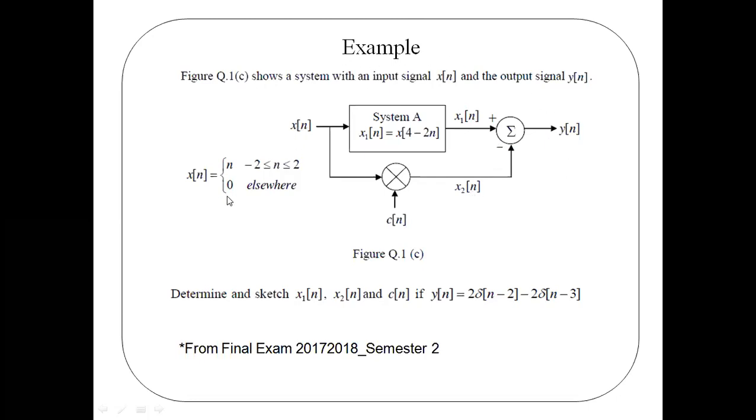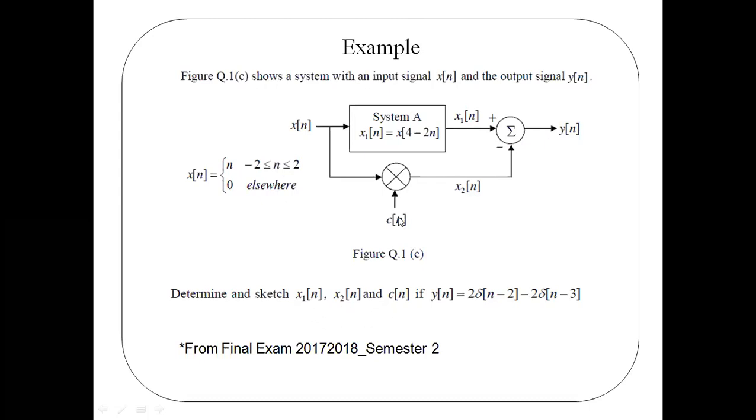The x[n] is given as n between -2 and +2, and 0 elsewhere. Based on this figure, you have to determine and sketch these three signals.